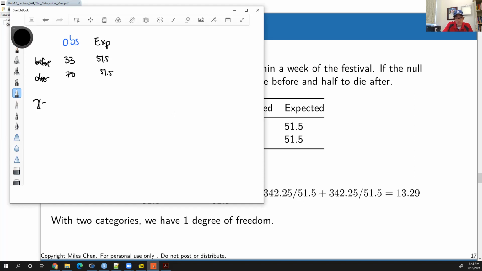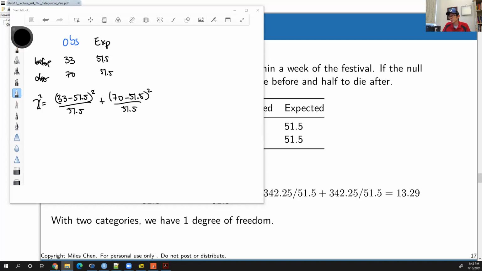And so our chi-squared value is going to be 33 minus 51.5 quantity squared divided by 51.5, and 70 minus 51.5 squared divided by 51.5.